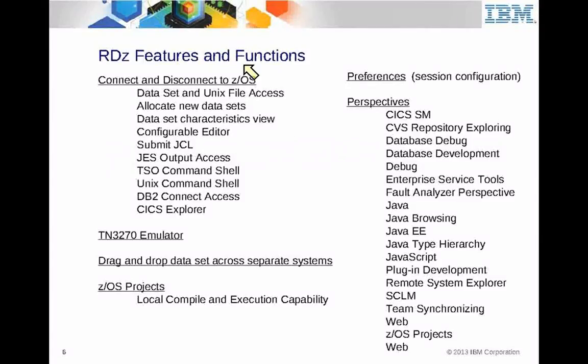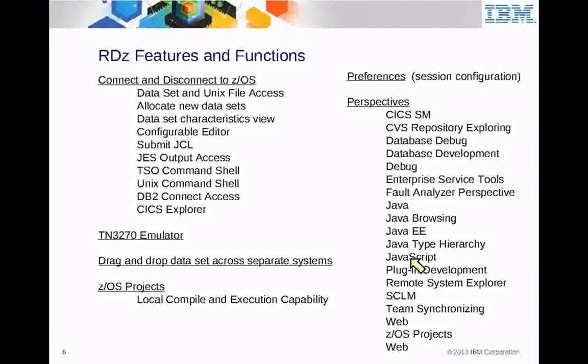So some of the features and functions within it: you have a whole area called preferences. And within the preferences, you've got session configuration capability, and it's very rich how you can set up the session itself. But inside of Rational Developer for System Z, you can select and switch between different perspectives, such as database development, Java development, z/OS projects, web development.